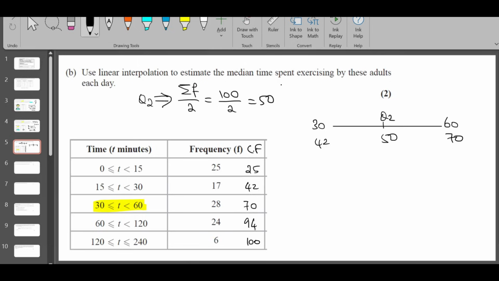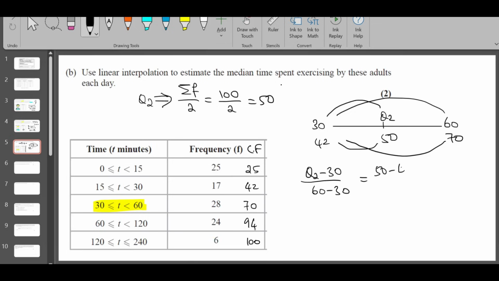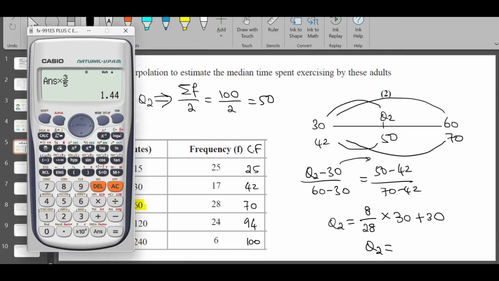Then apply linear interpolation: Q2 minus 30 over 60 minus 30 is in the same proportion as 50 minus 42 over 70 minus 42.